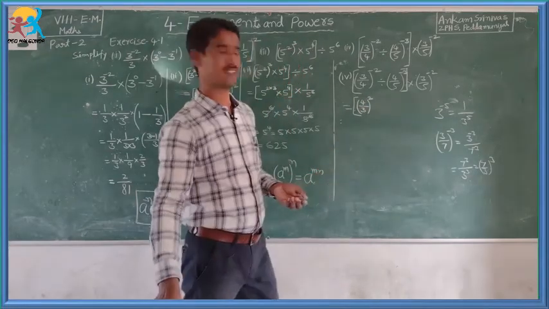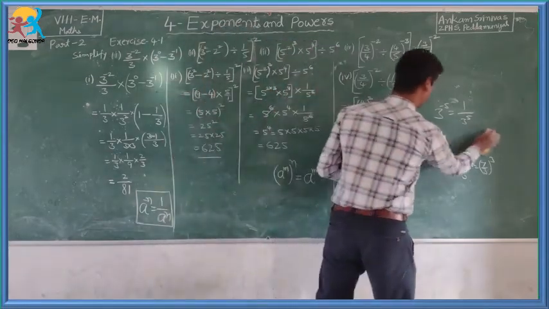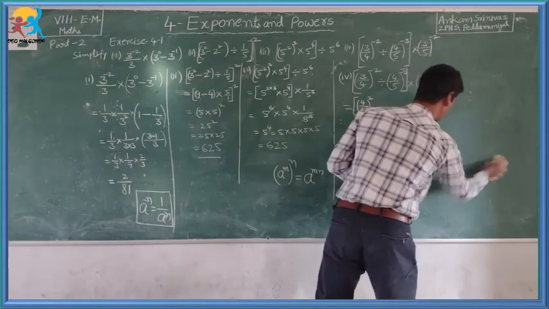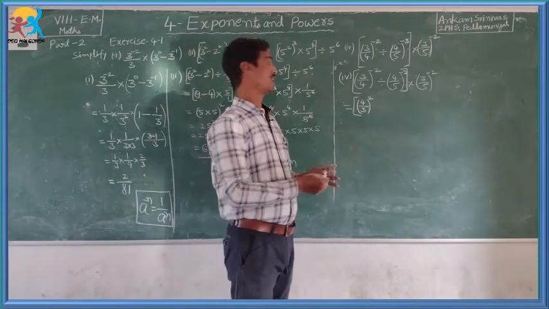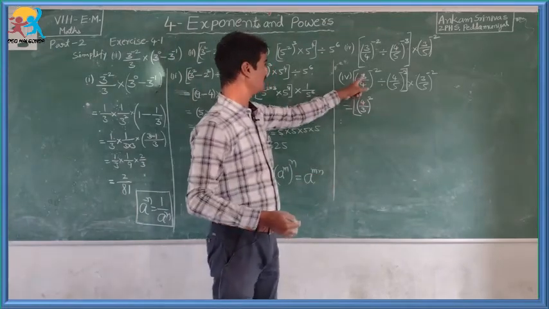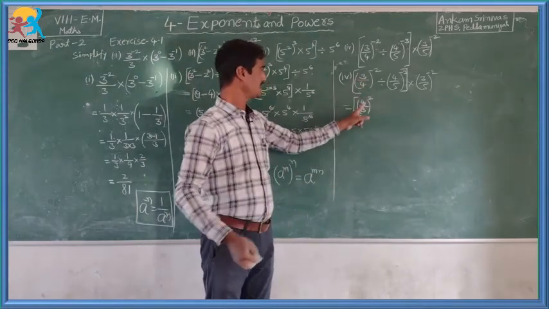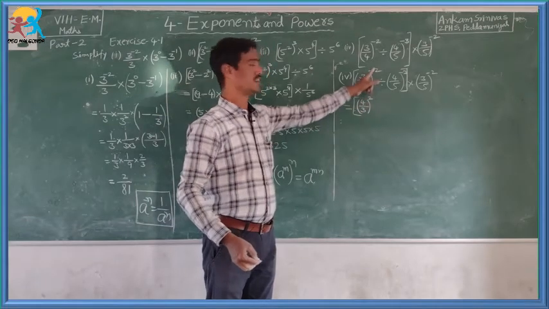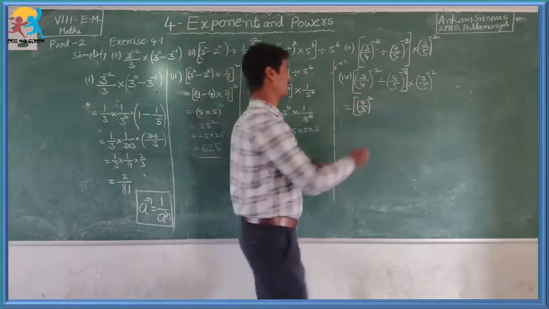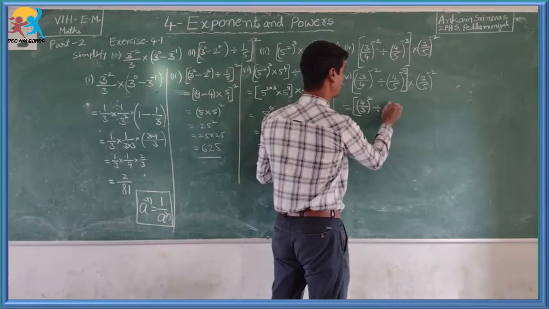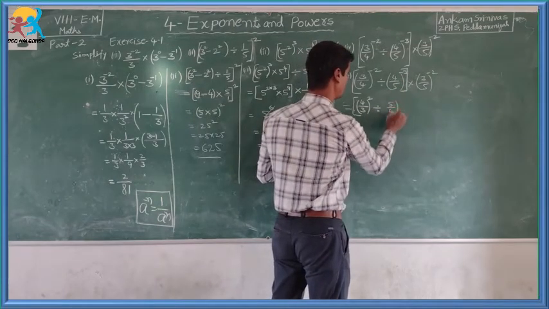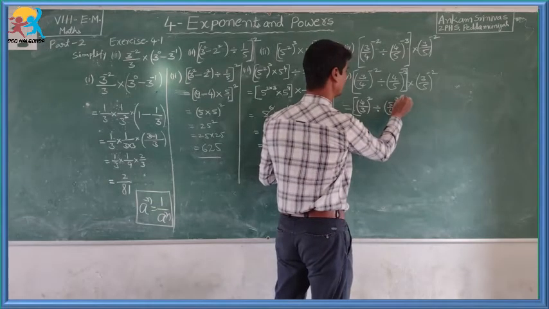We know that converting a negative exponent to a positive exponent is done by writing the reciprocal of the base. The reciprocal is 4 by 3 to become positive, divided by this also 5 by 4 power 3.